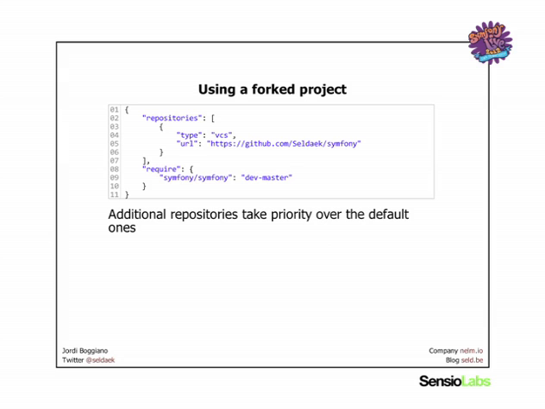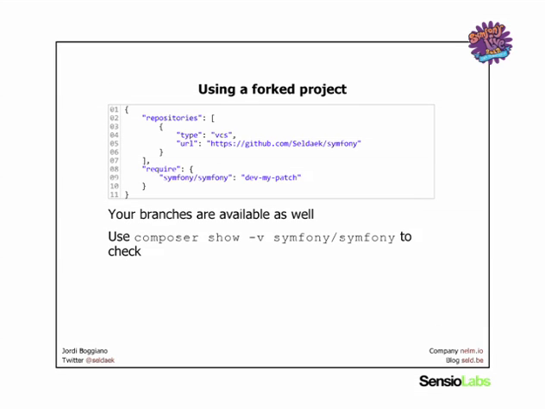But then, maybe for some reason, Fabien is not merging your pull request for a month, and it happens. So yeah, you might need to just use your patch. Like if it's a critical fix and your project is just borked without the fix, then you need to use your version. So you just add a VCS repository with your fork.